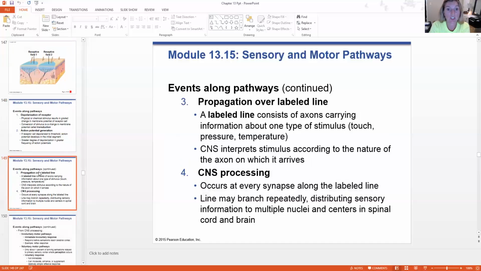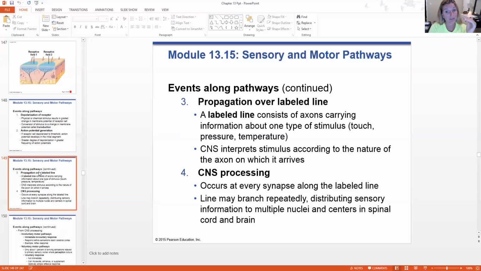Then there's propagation. The labeled line is the axons carrying information about one type of stimulus. The central nervous system is going to interpret that stimulus according to the nature of the axon on which it arrives. Not all axons are the same. Then the central nervous system is going to do some processing.